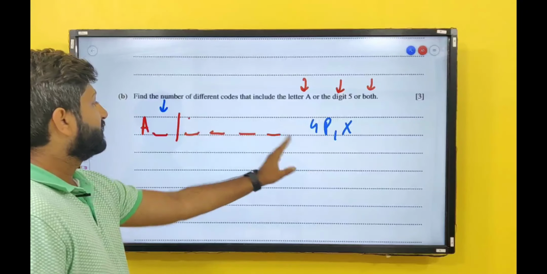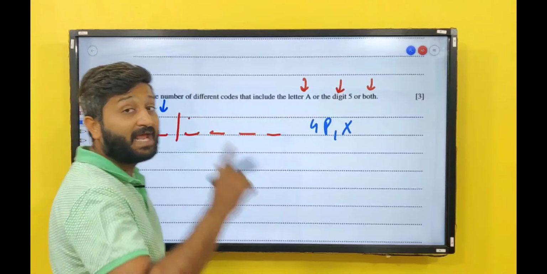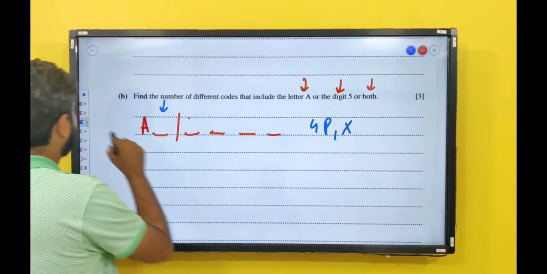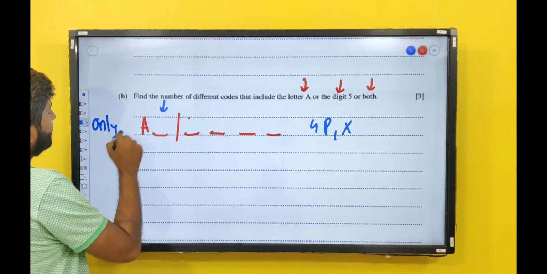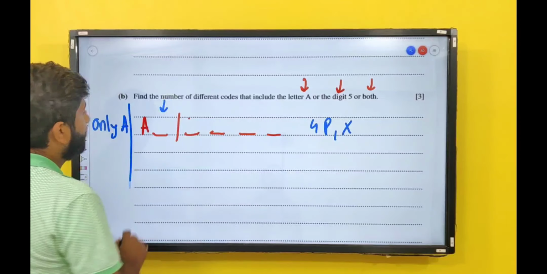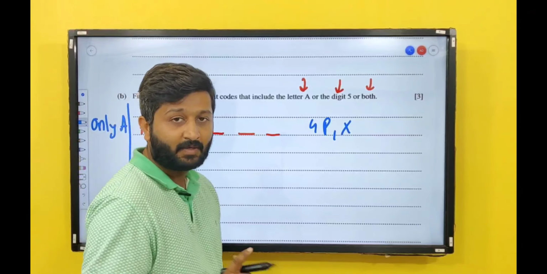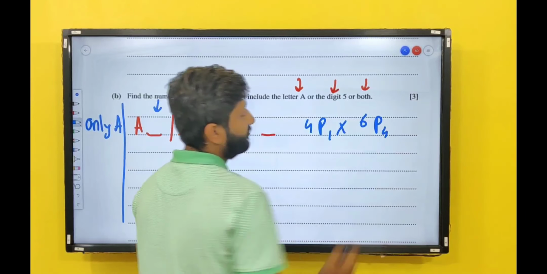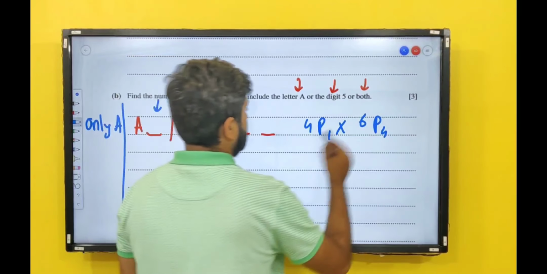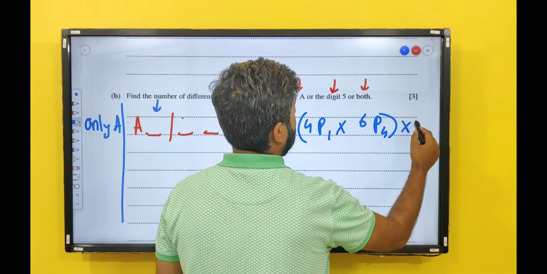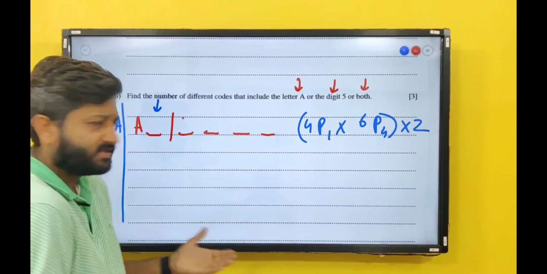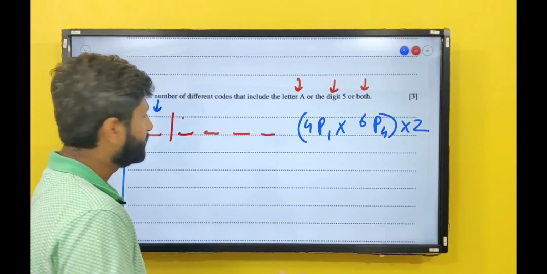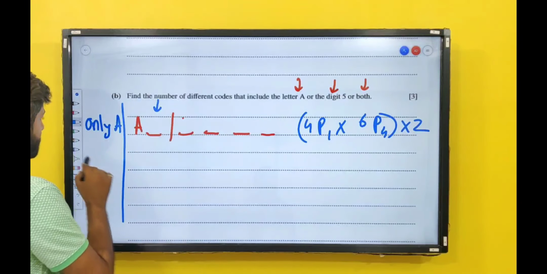Here you have 4 spaces, but I cannot select 5 because I have taken here only A. So how many digits are available? I have available 6. Out of that I am supposed to select 4. And this will be multiplied with 2 because it is not fixed that A will be on the first position. It could also be on the second position, right? Now this is the answer.